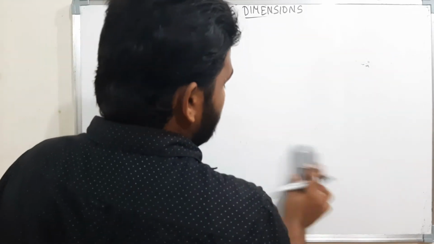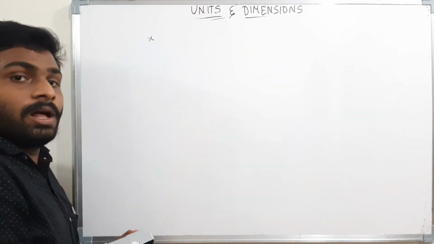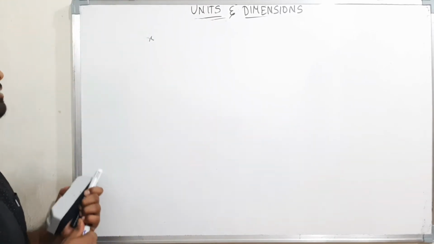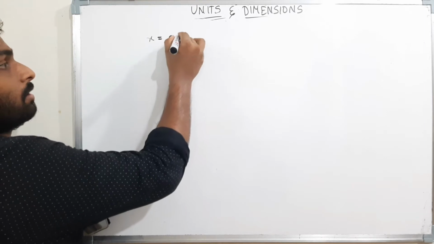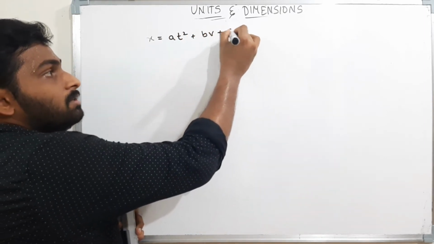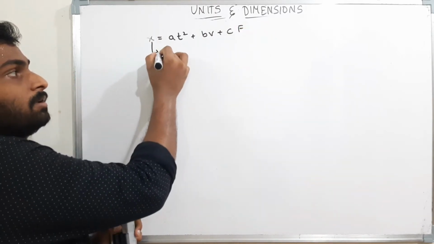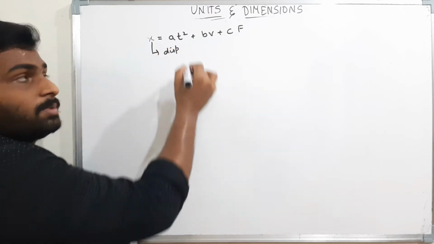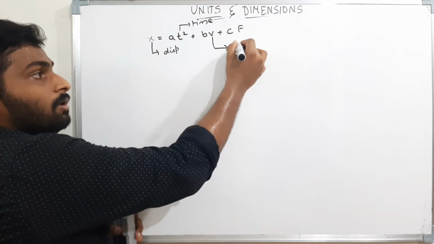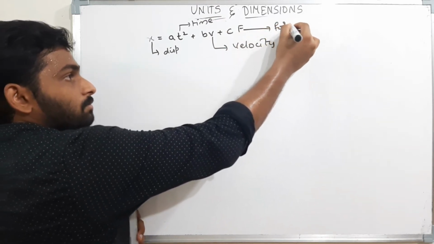Where x is the displacement, and they told the equation of the displacement is given by the formula x = at² + bv + cF, where x is the displacement, t is the time, v is the velocity, and F is the force.